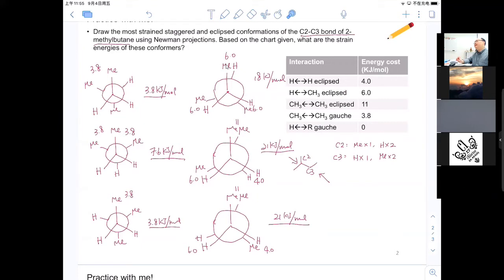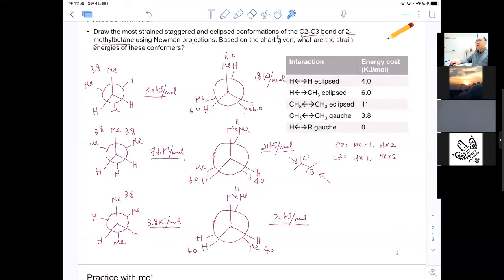But if I say you just need to draw the most stable staggered and eclipsed, you just need to give me two: one is the most stable staggered conformation, the other is the most stable eclipsed conformation. Here I just want to show you how I work this problem out. In the exam, I will be very clear about what you should do and what you need to present to get all the marks. Yes.